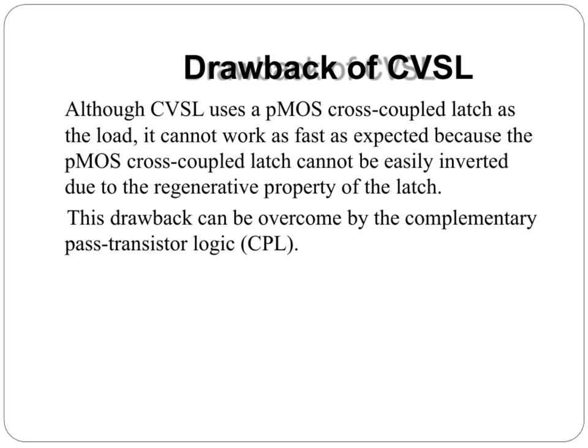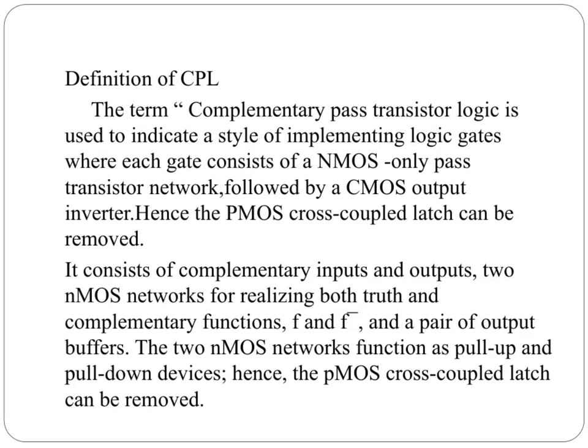this speed limitation effectively. Complementary pass transistor logic, or CPL, is a design style for implementing logic gates that primarily uses NMOS-only pass transistor networks. Each gate is followed by a CMOS output inverter, which means that the traditional PMOS cross-coupled latch is no longer necessary.